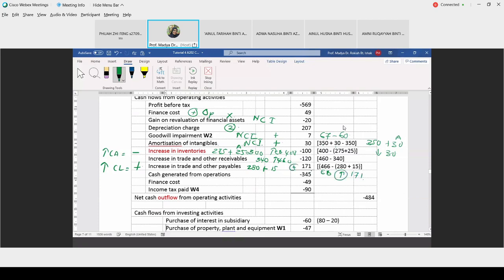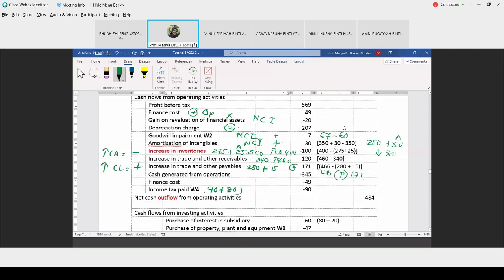So you're going to have cash generated from operations of negative 345, and then you minus again the finance cost of 49, and then income tax paid. For income tax paid, look at the tax payable. The tax payable beginning balance is 90, plus the amount that you paid in the income statement here is 80.